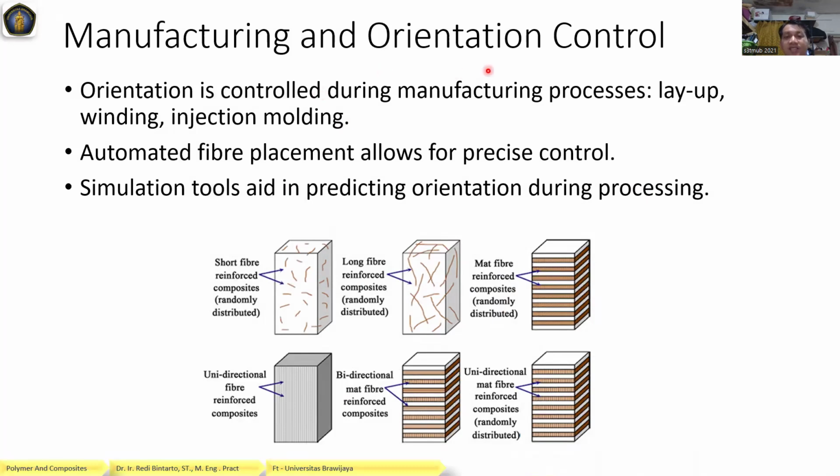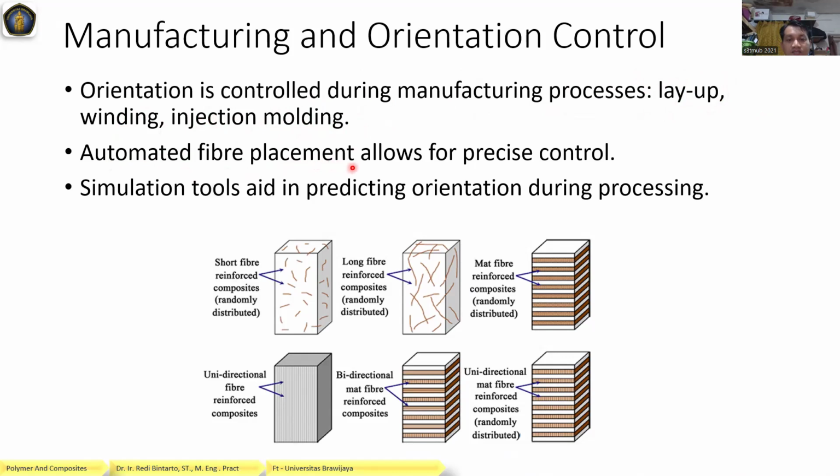And manufacturing and orientation control. Orientation is controlled during the manufacturing process. So when we make composite as a coating, we can handle lay-up, winding, injection molding. We can use all kinds of methods to coat the composite.